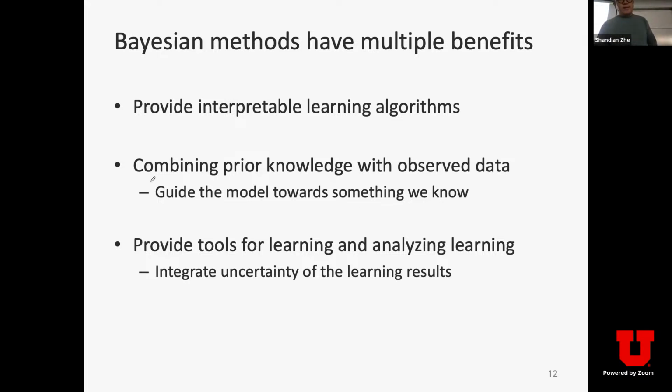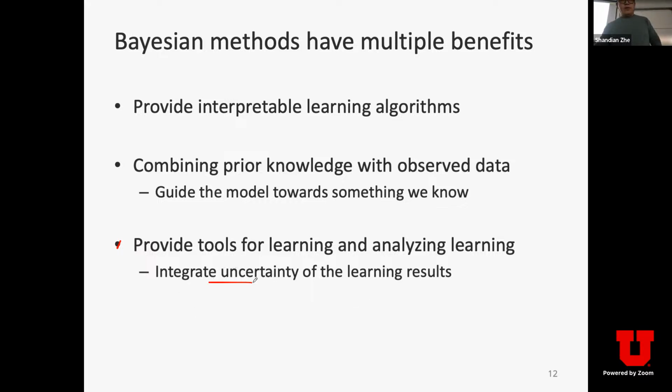And it also provides a rigorous framework that combines prior knowledge with the observed data. This prior knowledge can guide the model towards something we know. And finally, because it is based on probabilistic theory, measure theory, all kinds of stuff, we have very rigorous and comprehensive tools for learning and analyzing learning.